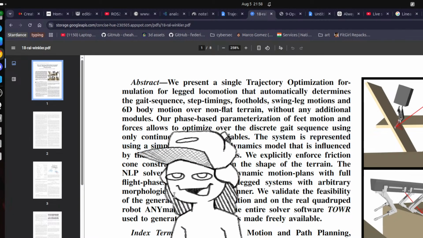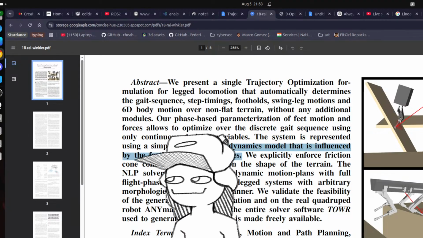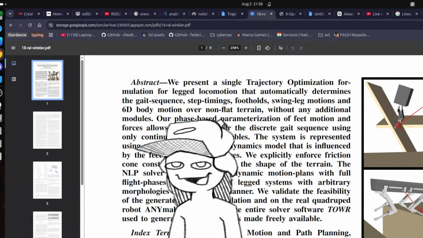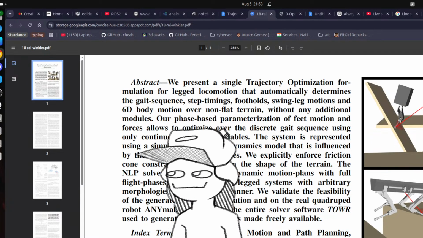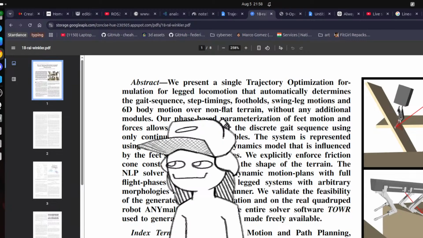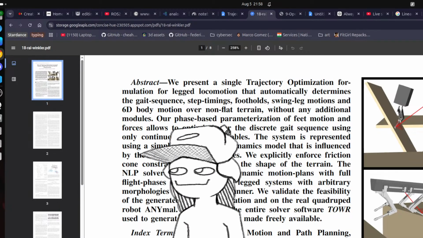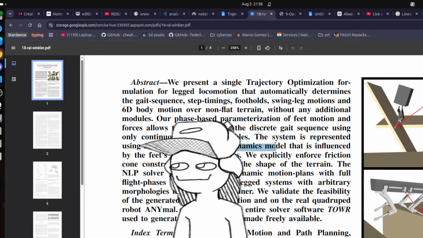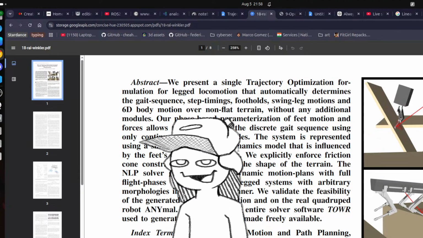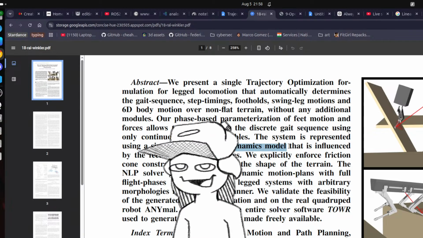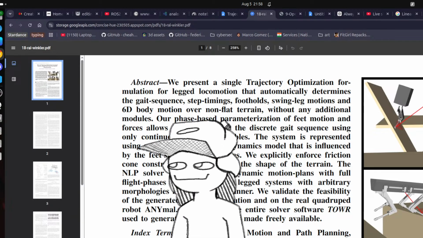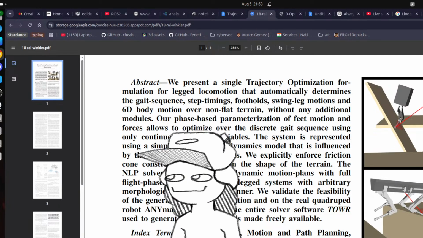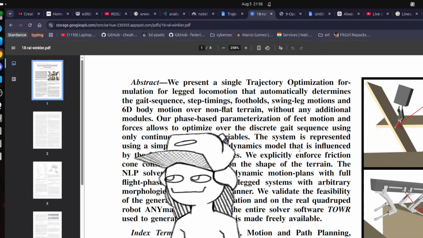So instead of focusing on the legs themselves, because that would create like a million parameters that we have to deal with, we use the center of mass of the robot as the main parameter, and we make sure that the center of mass later on is linked to the robot leg parameters.